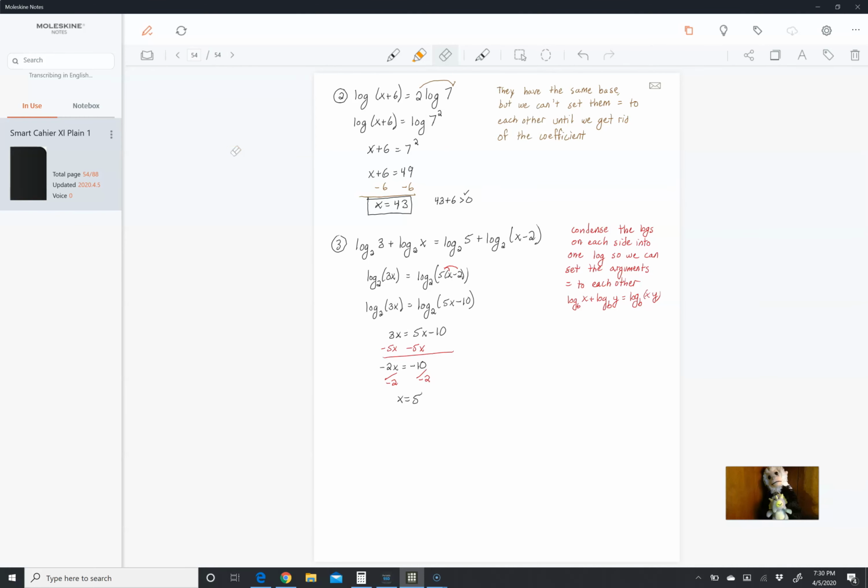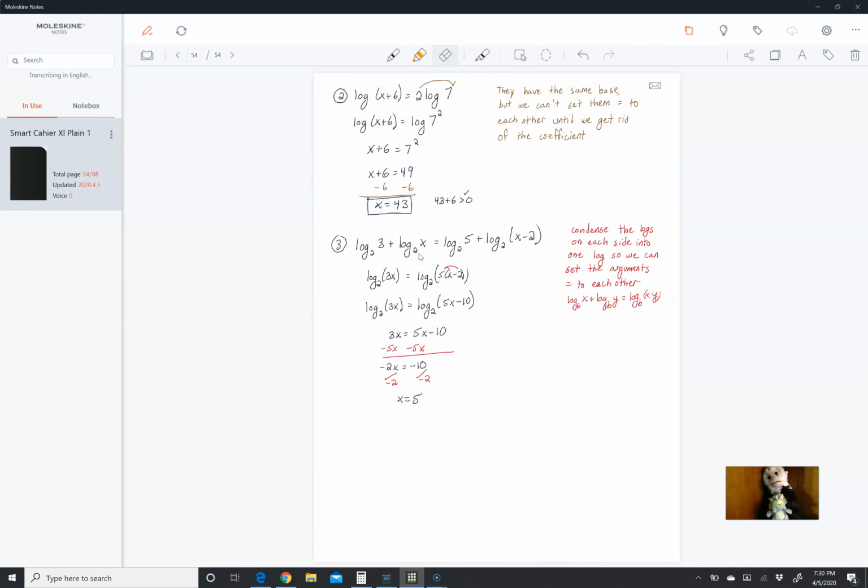We have to check for the extraneous solutions. Here it might be obvious, but you still have to show me that you knew to check. So you have to show something. We don't have to plug it into this one because there is no x in this argument. So we're not plugging in a 5, but we do have to plug it into this one.